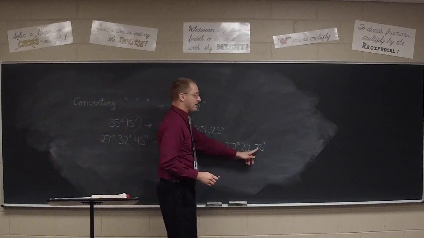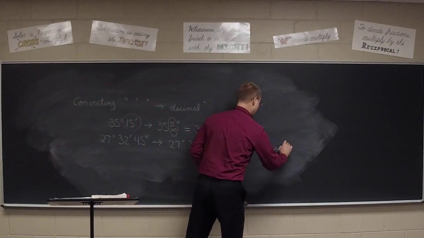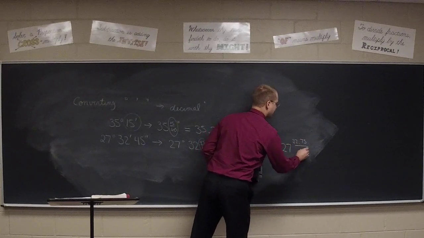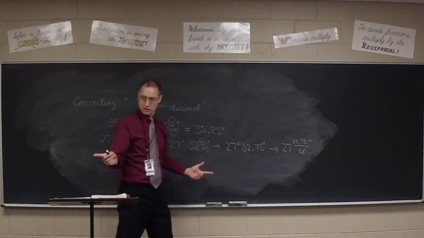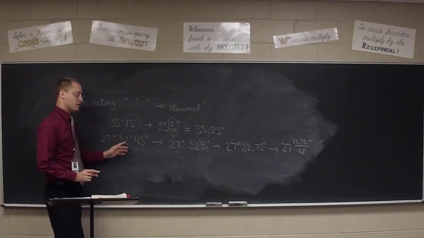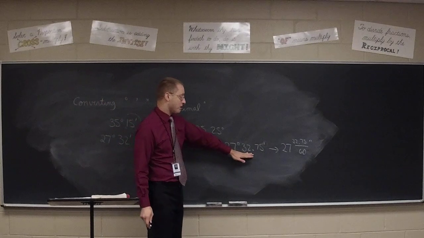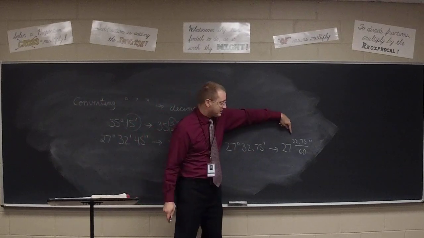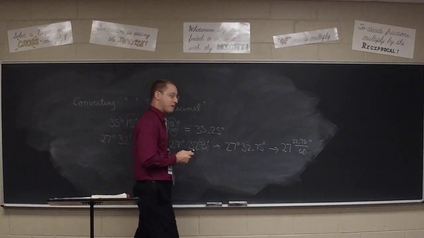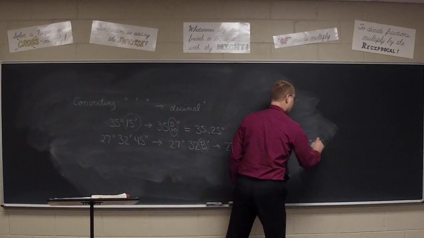But we've got 32.75 of them. So now we can make this 27 and 32.75/60ths degrees. So we just keep taking the part and making it 60ths of the next thing. Since we have 32.75 minutes, that's 32.75/60ths of a degree. Go and divide the 32.75 by 60. And what do we get?